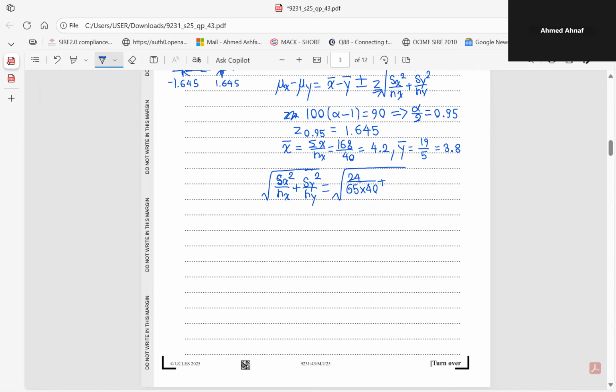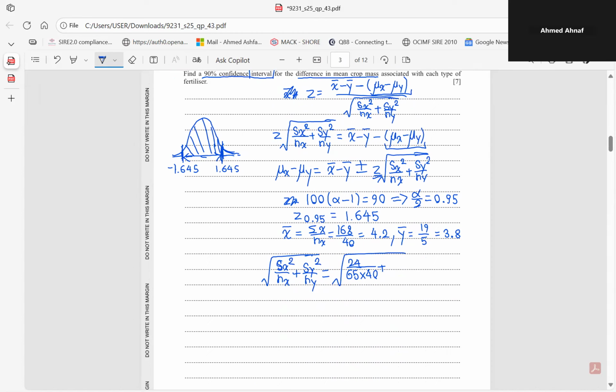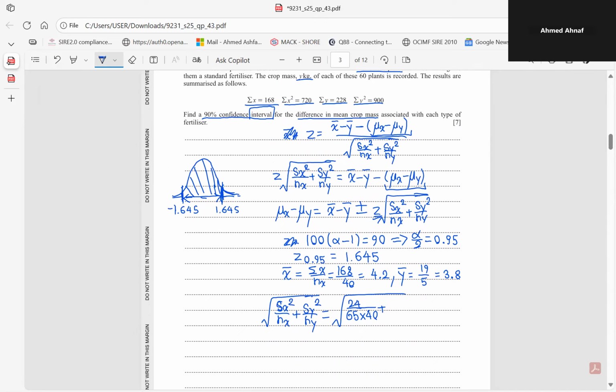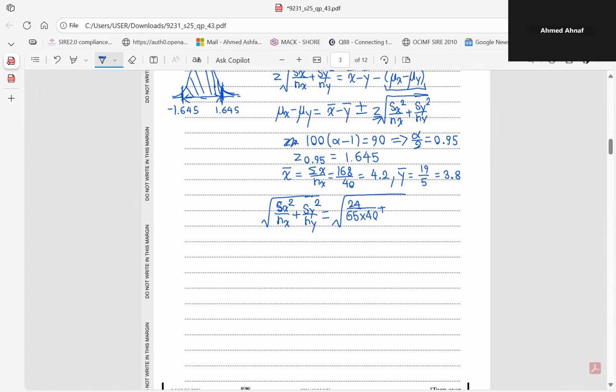Let's do the same for the sample variance of y. So for y, we have 60. So 59, 900, 228, 60. So we will get 168 over 295 times 60.